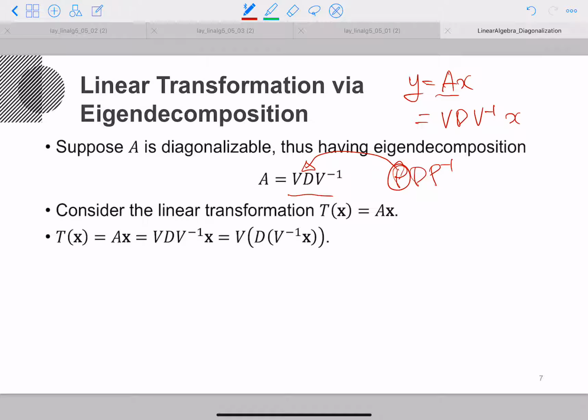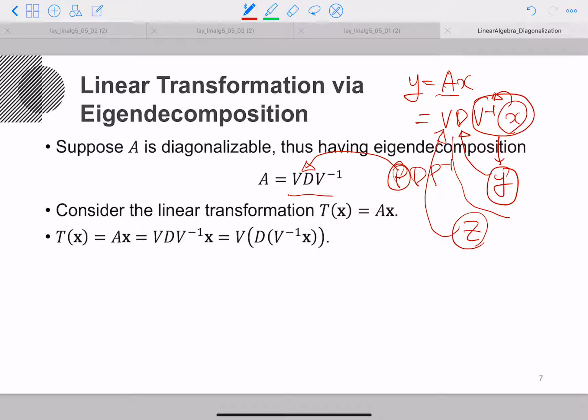Okay, and then we can see this kind of transformation defined by the matrix A as 3 steps of linear transformation, where x is first linearly transformed by the matrix V inverse, and then suppose we call the resulting vector y, and this y is further transformed by the matrix D. Let's call that result c, and this c is further transformed by V, right?